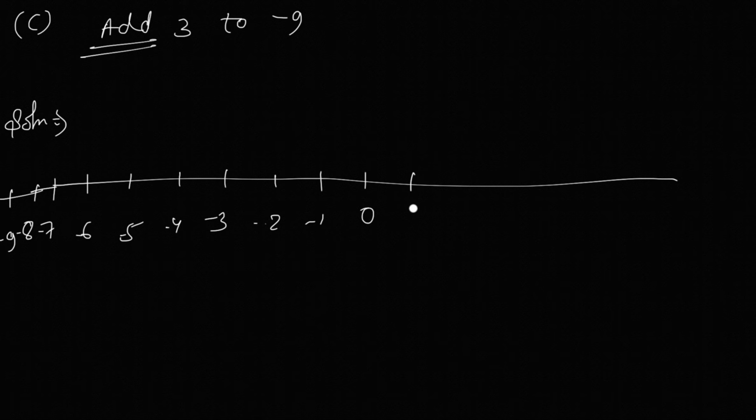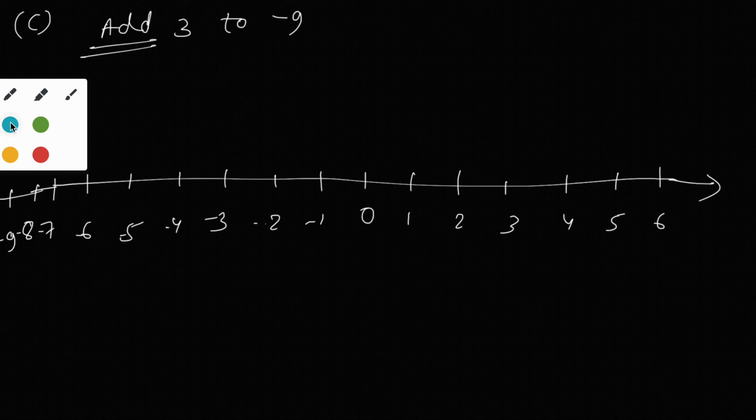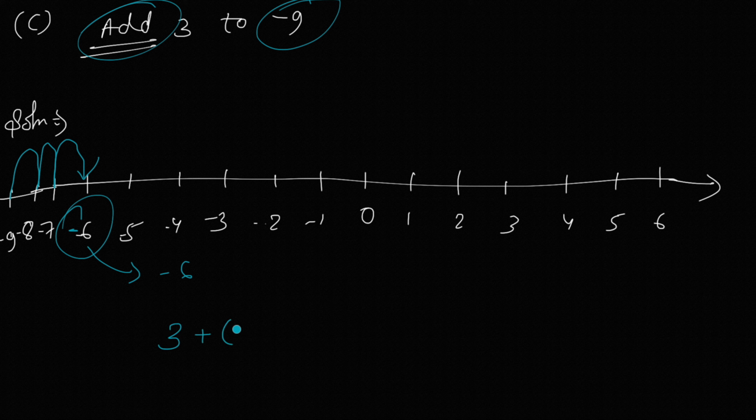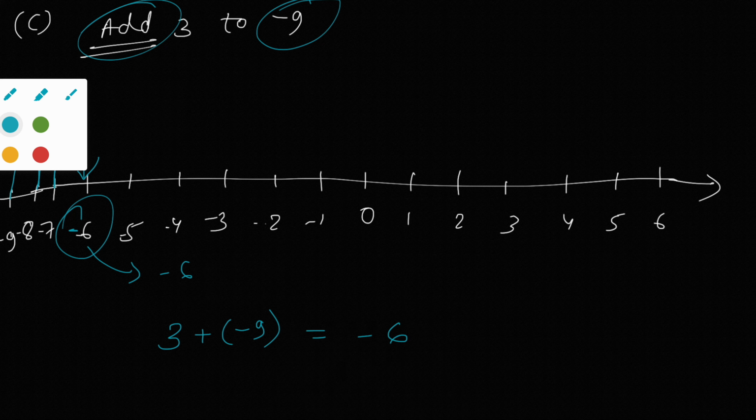Here are the positive numbers 1, 2, 3, 4, 5, 6, and it will go on. We have to move forward because we have to add, starting from -9. Move forward 1, 2, and 3. So it will give you -6. So when you add 3 to -9, it will give you -6.